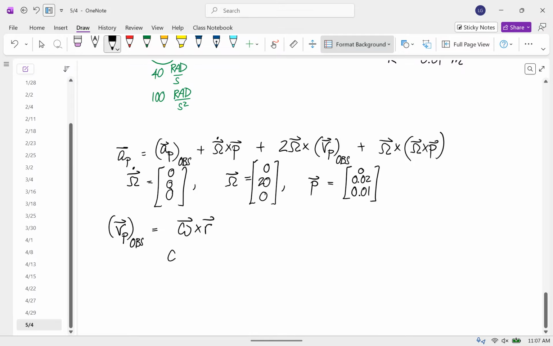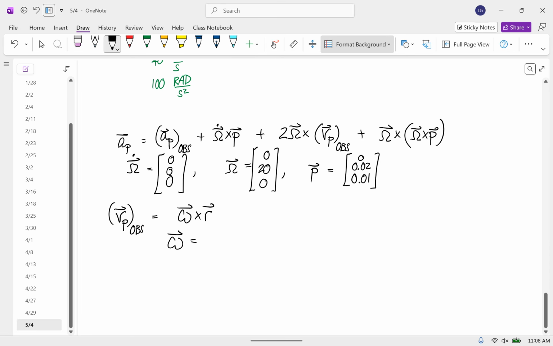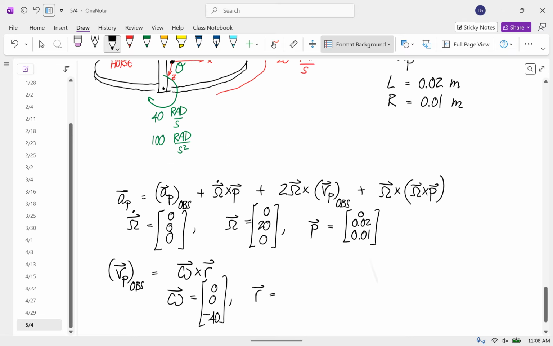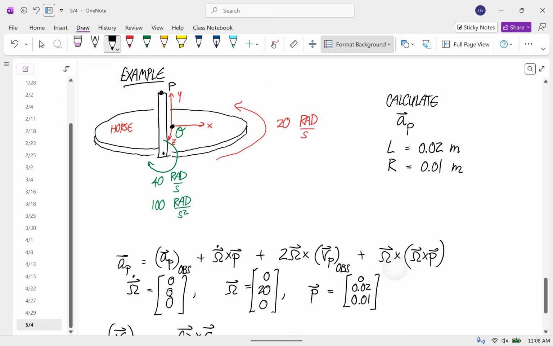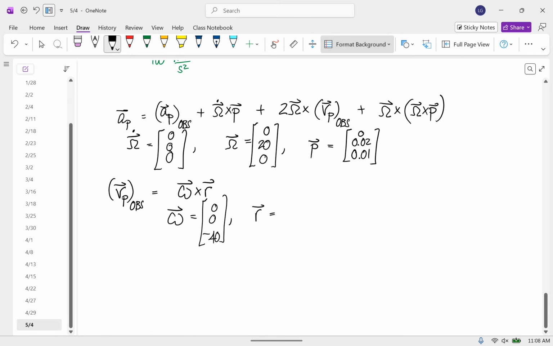And now we're talking about the motion of the arm. So omega for the arm is 0, 0, negative 40. R is the vector from the center of the circular motion to the point. So that is just 0.02 in the positive y direction.